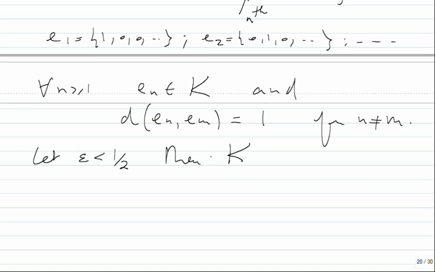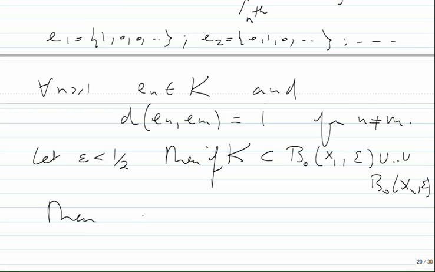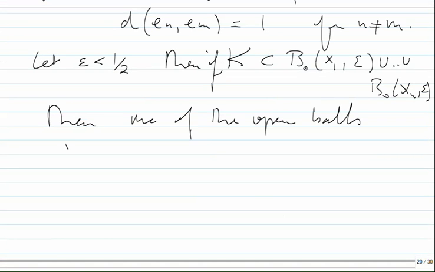If K is covered by some finitely many open balls, B(x1, epsilon) union ... union B(xn, epsilon), then one of the open balls here will have infinitely many En's.